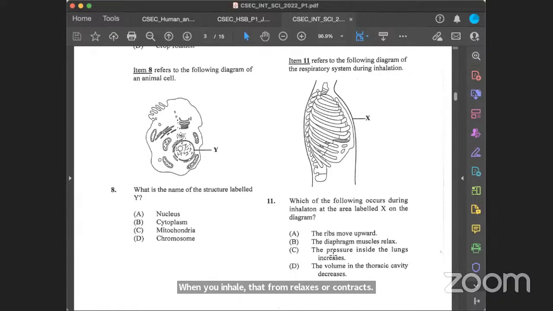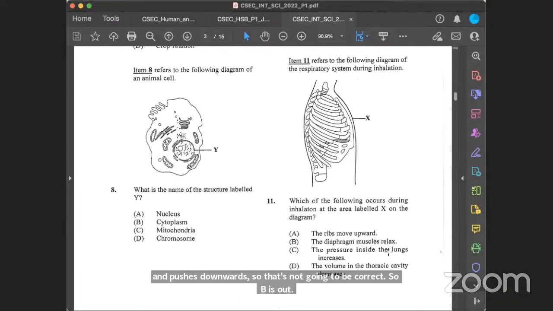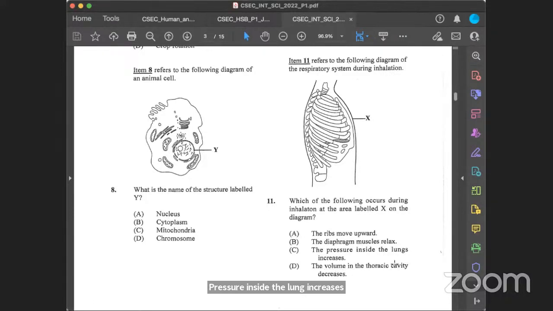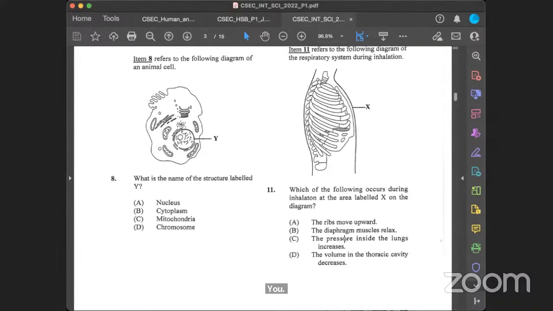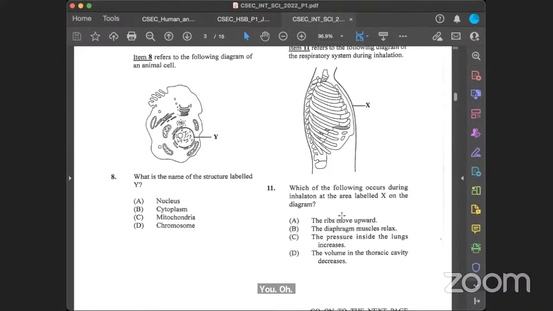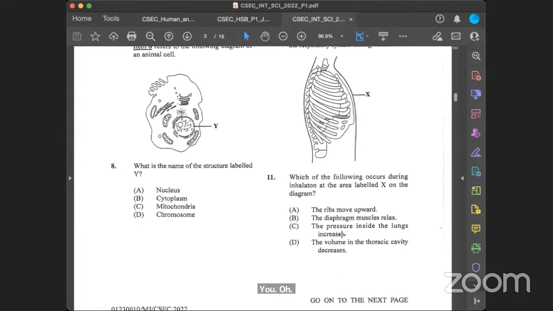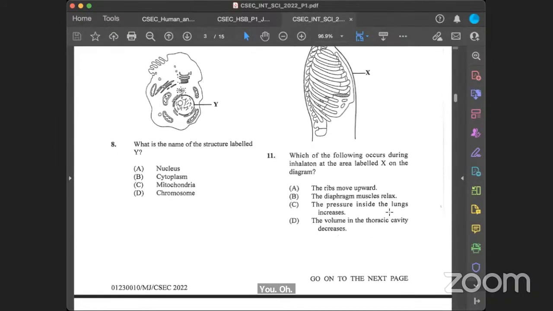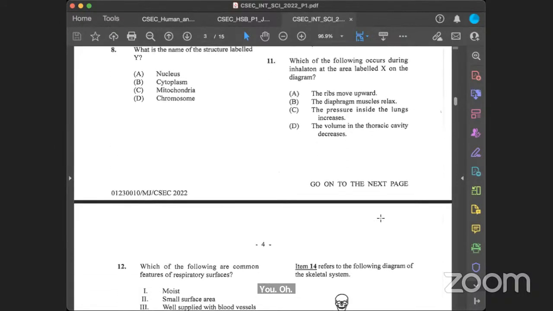So B is out. The pressure inside the lung increases. The volume of the thoracic cavity decreases. That's out. Yes, A is correct. Upward and outward. Good. So A.